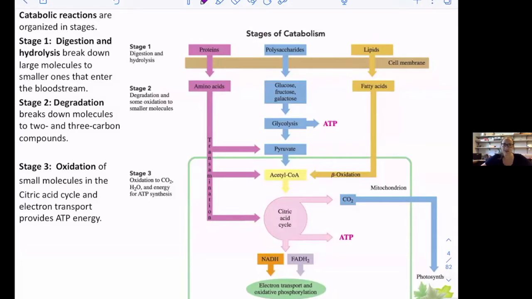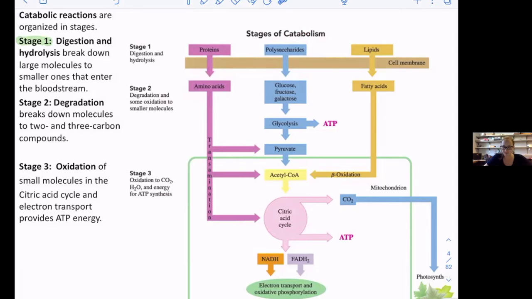So the first stage is called stage 1, digestion and hydrolysis. You're going to take your large biomolecules and break them into smaller chunks so that they can enter the bloodstream and move around the body. For example, proteins are going to be broken down into amino acids so that they can be transported easier and used where they need to be used.